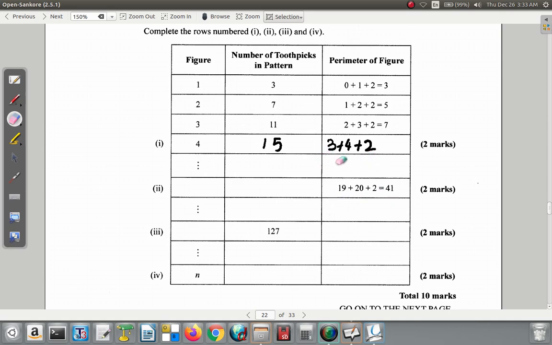Now let me line this up more with what is going on up here. So this 2, let me put it under here, and then the 4, let's put it below this 3 here.